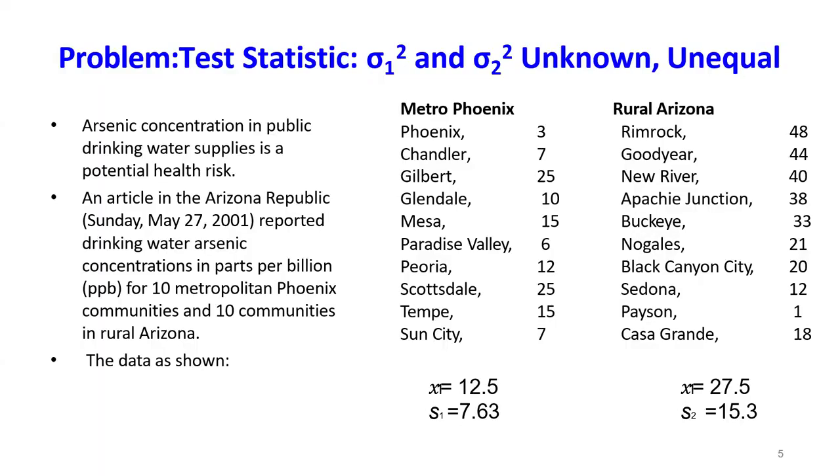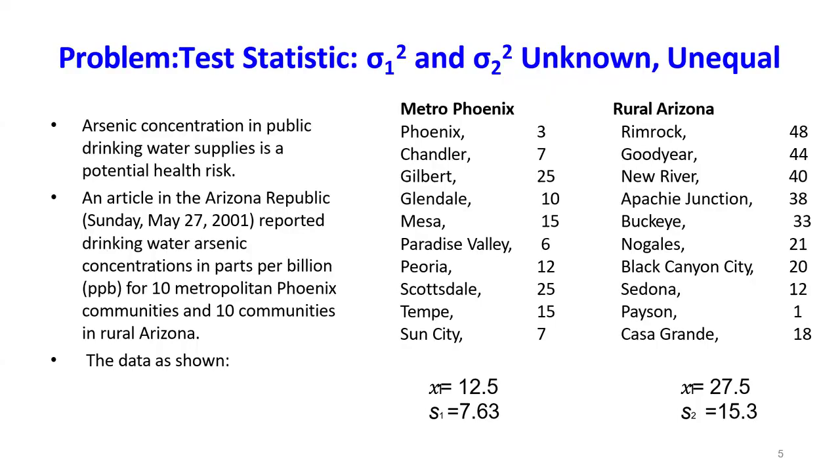As these two are different regions altogether, I cannot assume that whatever process they might have used for the public drinking water could be the same. So in that case, I will assume that the population variances in these two populations would be different, would be unequal. Now this is exactly the same kind of exam problem as we have seen before that was related to the catalyst.